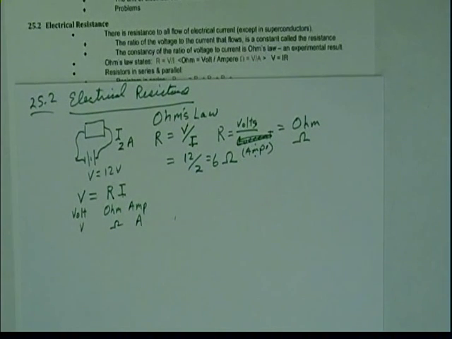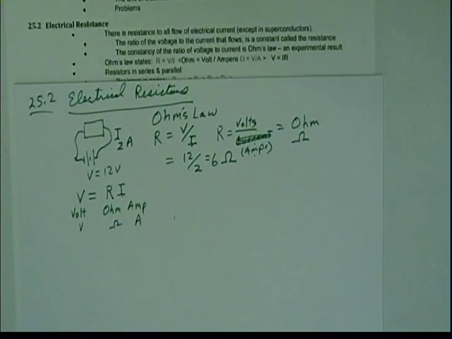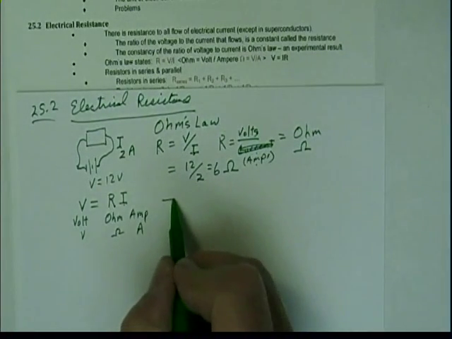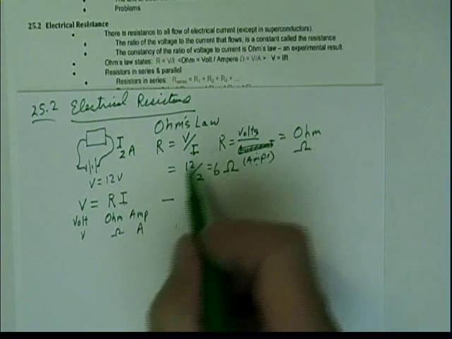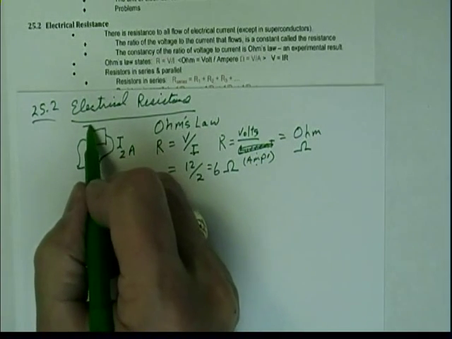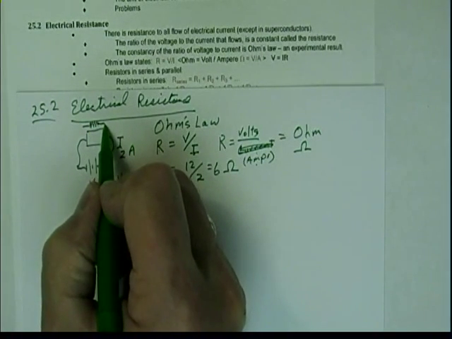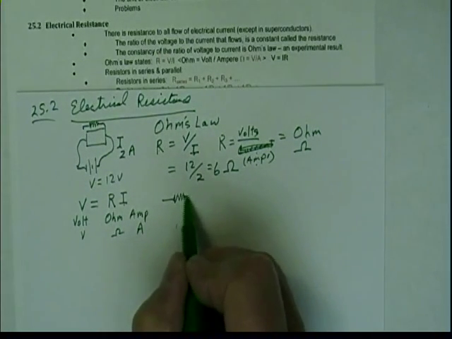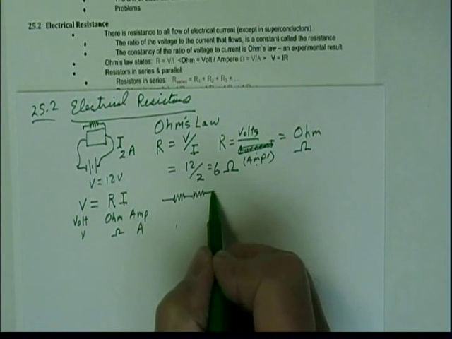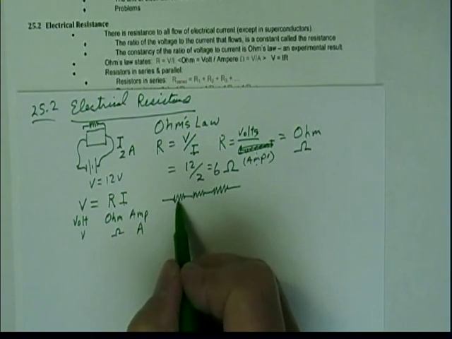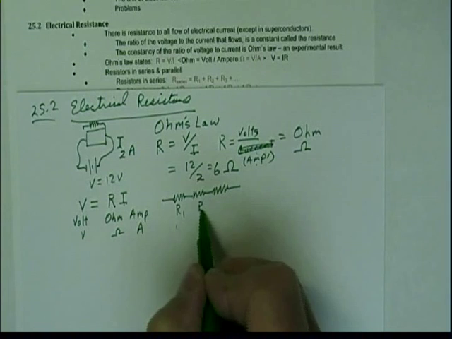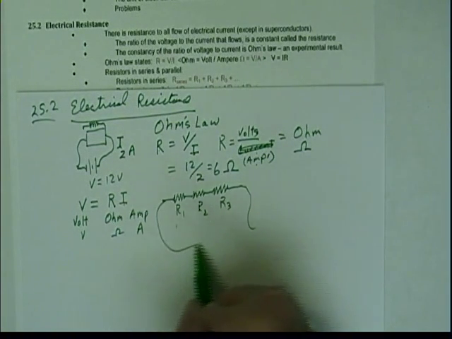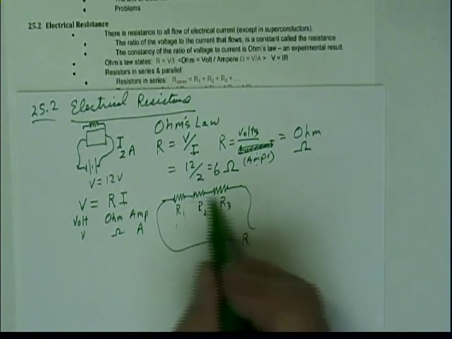Now, like with capacitors, we can connect resistors both in series and parallel. The symbol for a resistor, incidentally, looks like this. It's a zigzag line. So if we take a resistor here, and then add another resistor, and then another resistor, and these have resistances R1, R2, R3, and so forth, then we can ask, what is the resistance of this entire object?